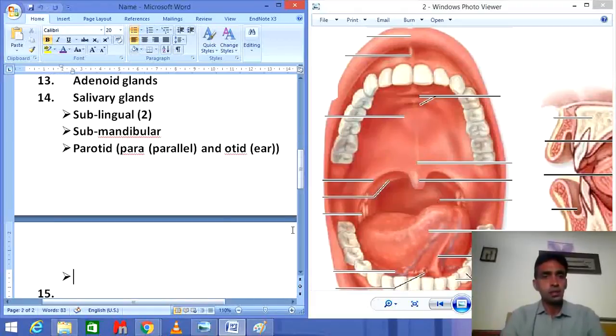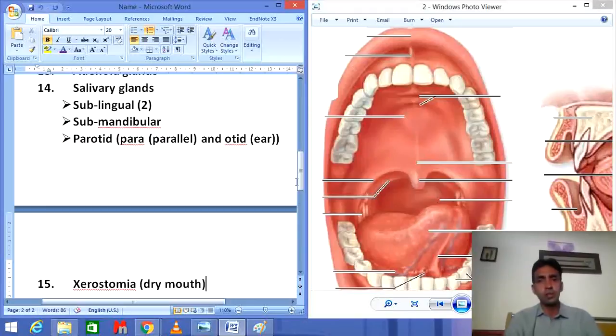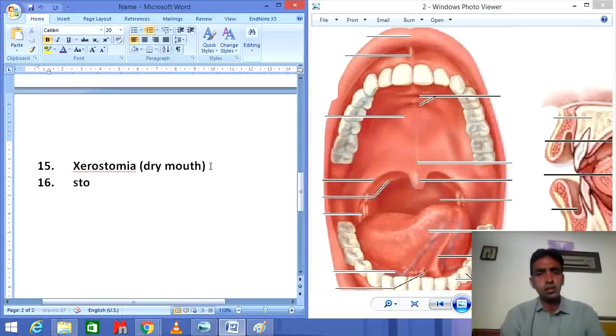Xerostomia is also called dry mouth: no production of saliva by the salivary glands inside the mouth. That is called xerostomia.